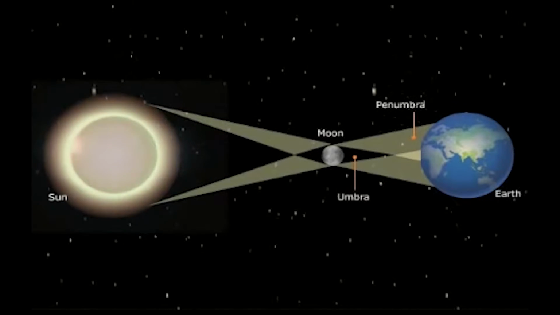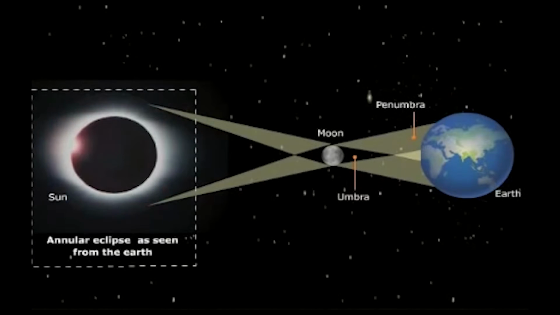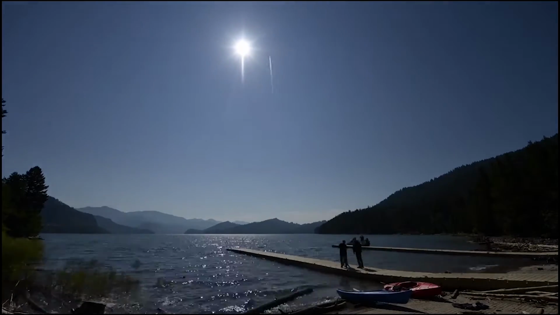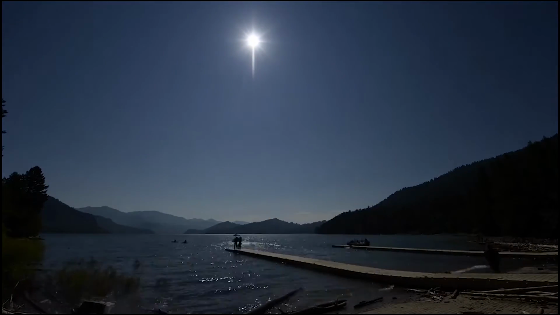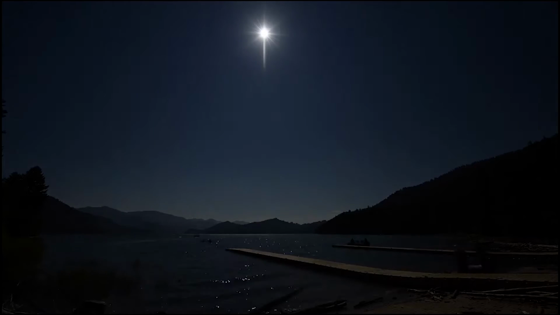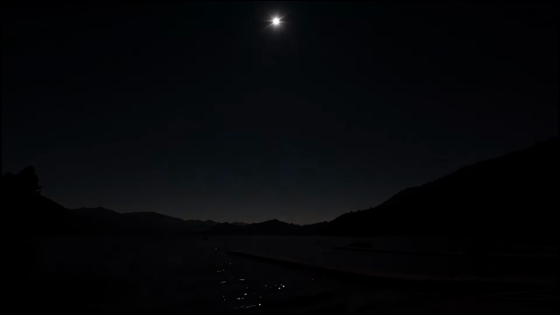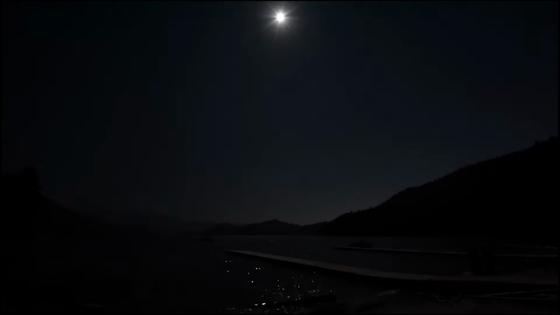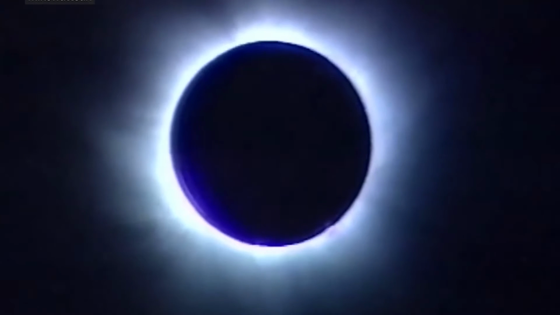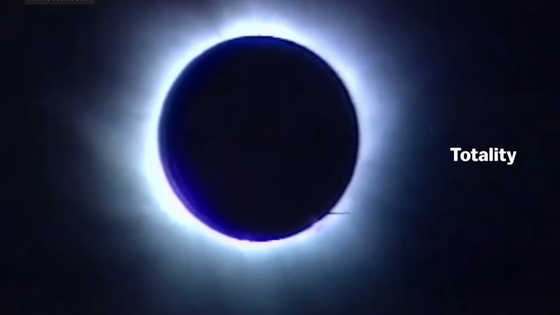People who happen to be in the path of the umbra can see a total blocking of the sun by the moon, or a total solar eclipse. During a total solar eclipse, the air cools and the skies darken. Because the moon's shadow moves quickly across the Earth, the time that the moon completely covers the sun, totality, only lasts a few minutes.